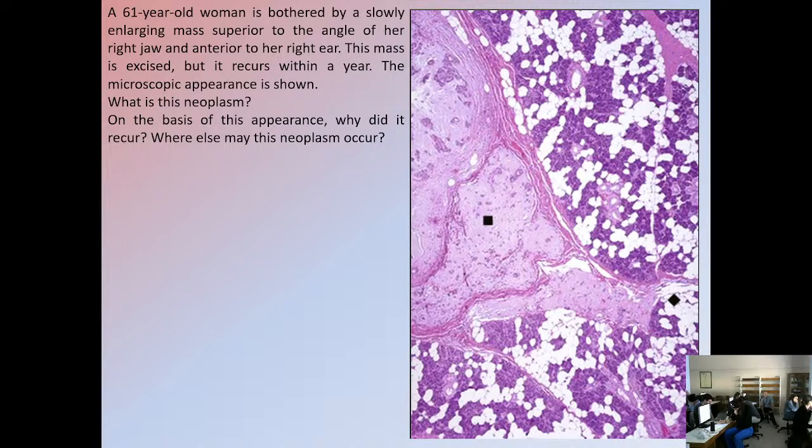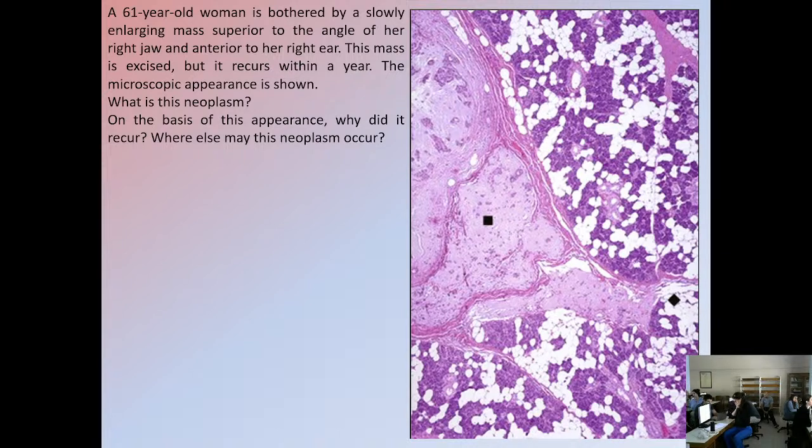So, when you have a fine needle aspiration biopsy, because that's the way to check what the tumor is before the operation, and the answer is it looks like a pleomorphic adenoma, then the surgeon takes into account that it's not enough to remove just the tumor, but he has to perform a superficial parotidectomy.